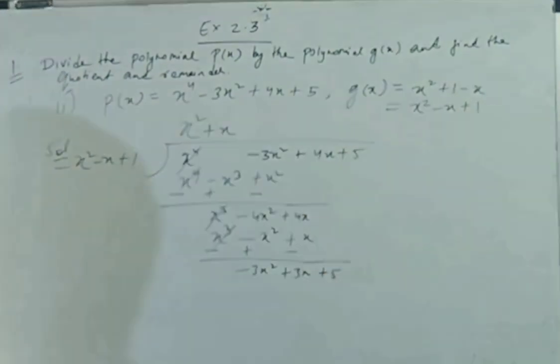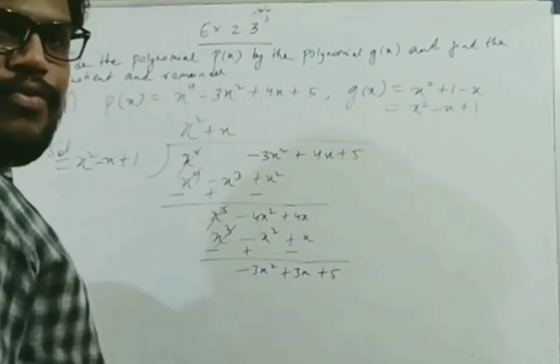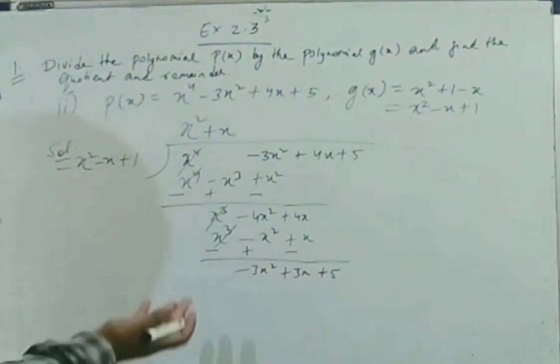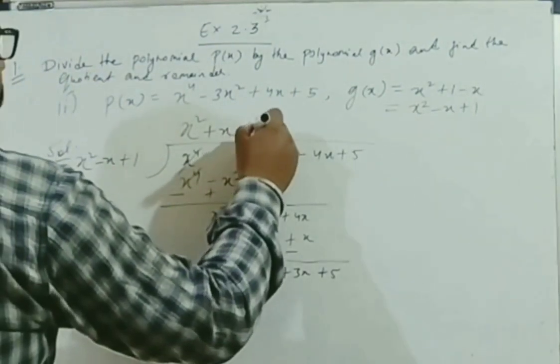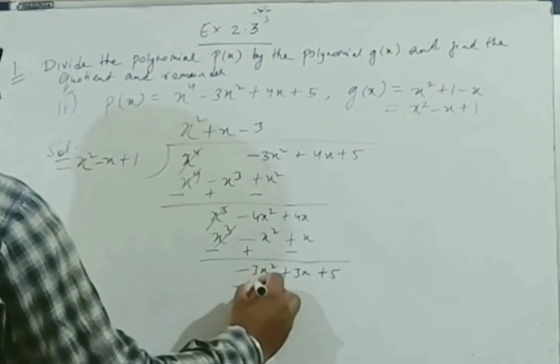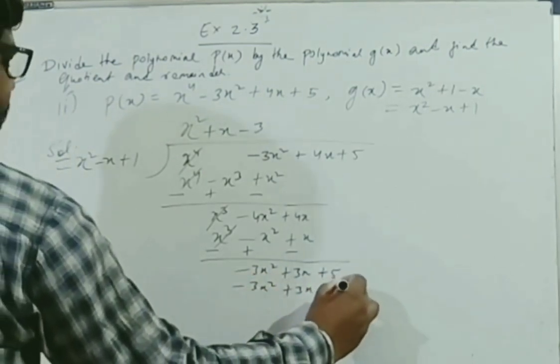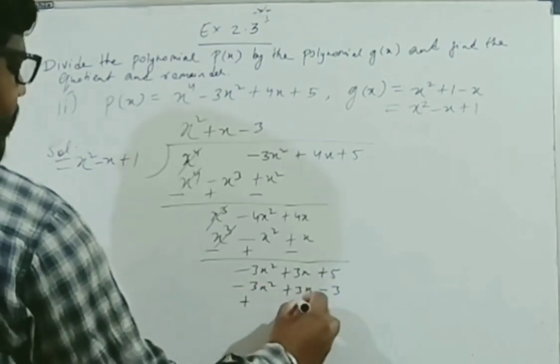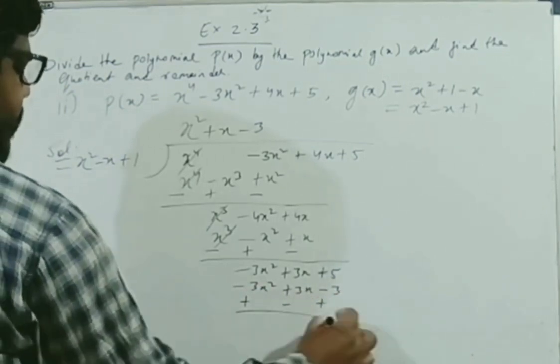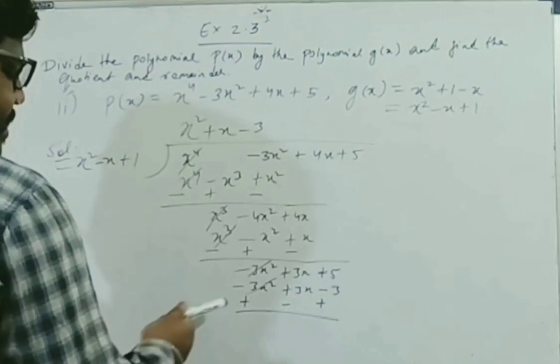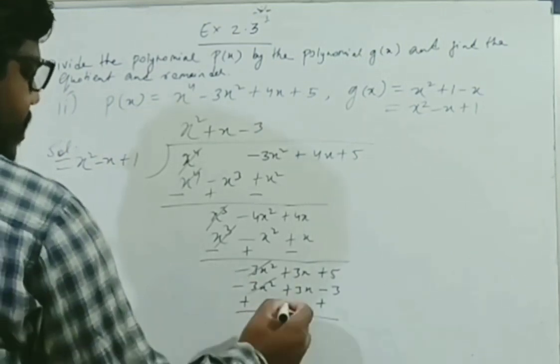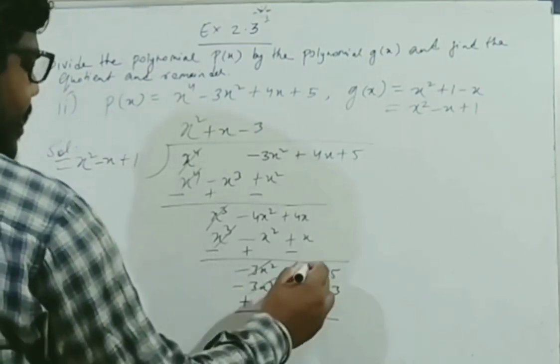Okay. Then what do you want? Minus 3x square you want, and we have x square. Now multiply it simply, minus 3. So minus 3 into this: minus 3x square plus 3x minus 3. Then the sign changes: plus, minus, plus. So this negative one cancels out, plus 3x square minus 3. Minus 3x plus 3x, this also cancels out.